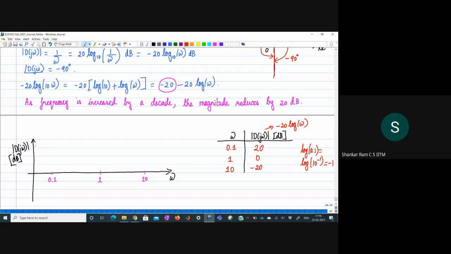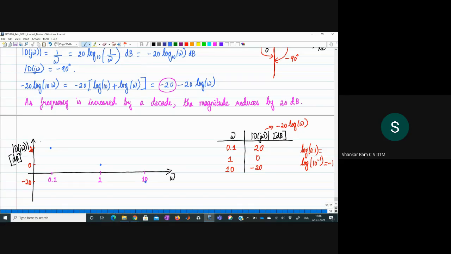So let's plot them. Let us say this is 20, this is the 0 decibel marker, and this is minus 20. They are equally spaced, obviously, right? So now if I were to mark them, this will be 20 decibels at 0.1, 0 at 1, and minus 20 at 10.